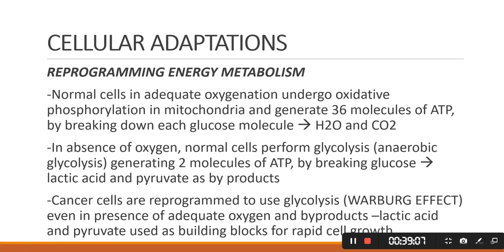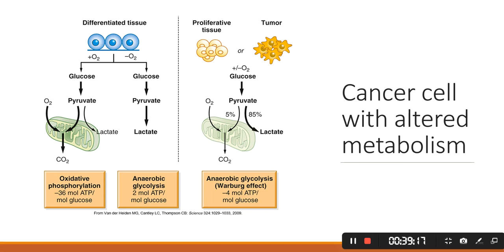So the cancer cells are very smart. Not only do they get their energy molecules, they also do not require oxygen, and they can also get more building blocks. So you see over here just a diagrammatic image. It is not for your exam, but this is what a normal cell does.